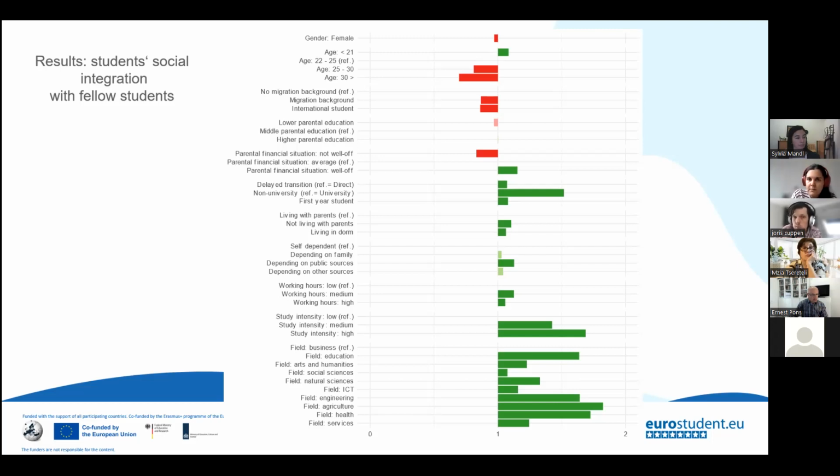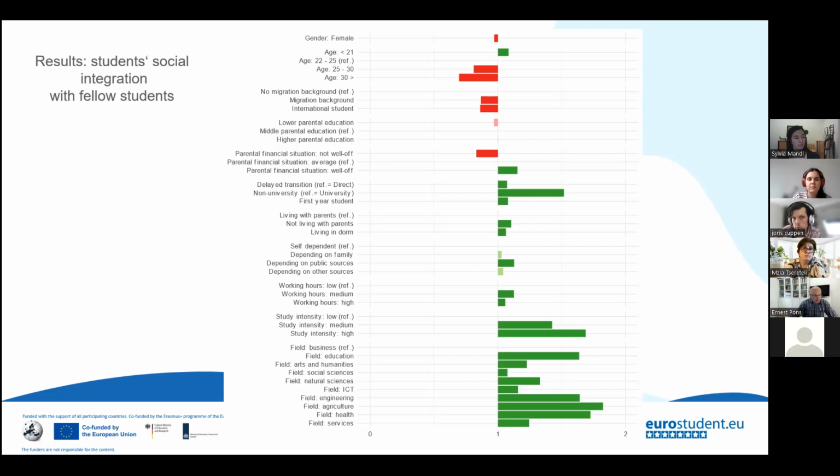This is just a graphical representation of the logistic regression model. The dark colored bars indicate a statistically significant effect, and a score of 1 to 0 means that they have a negative effect, 1 being no effect, and higher than 1 indicates a positive effect.